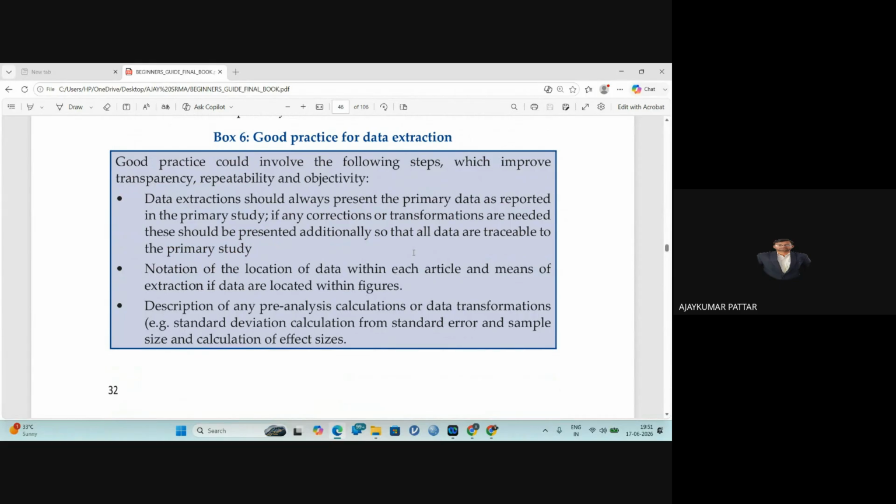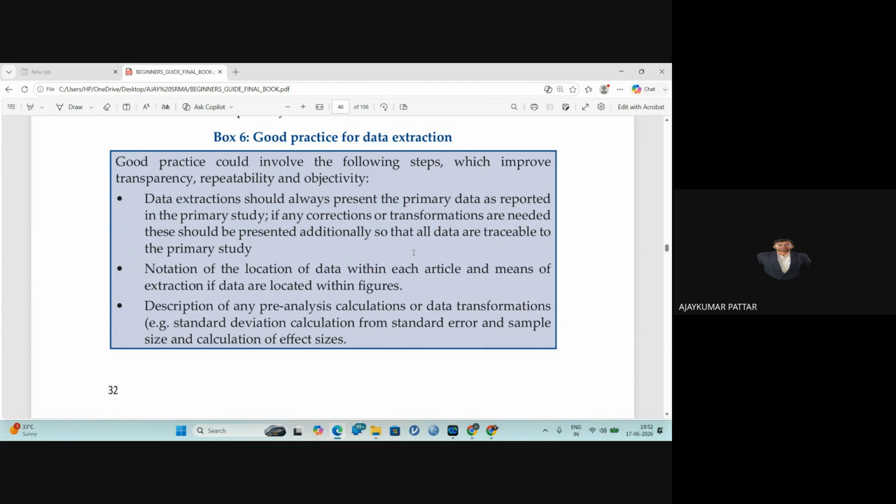In one paper, they mentioned weight change in some other unit, but we transferred that weight into kilograms. Then an additional column should be there. They mentioned it in LB, but we have converted it to kilograms. So a separate column should be there.